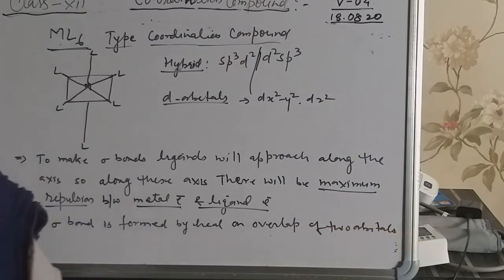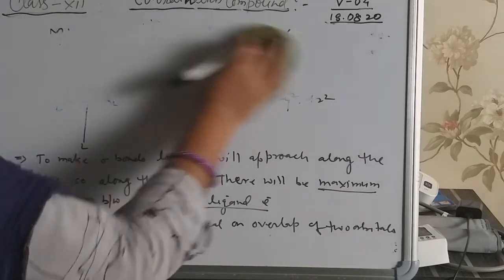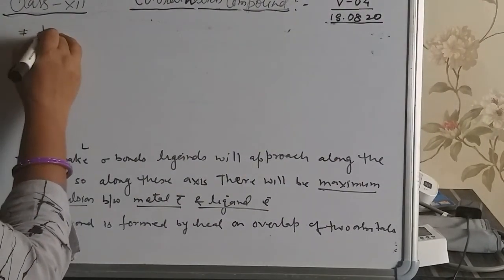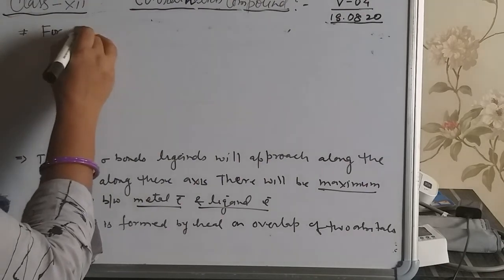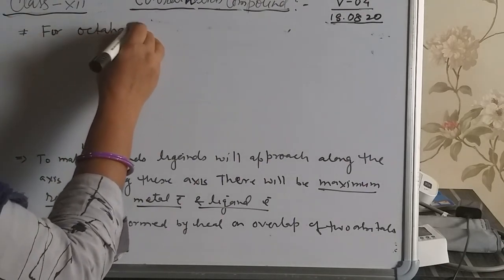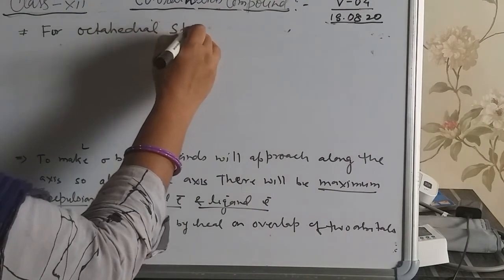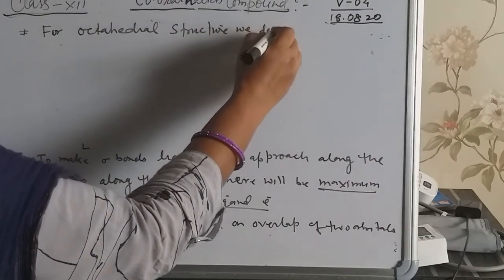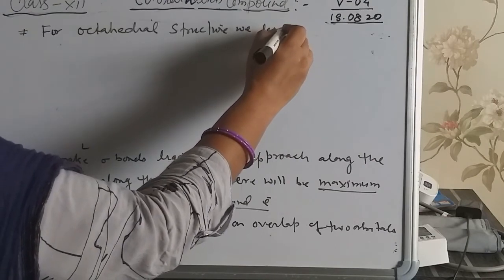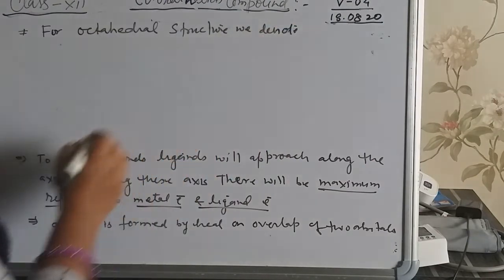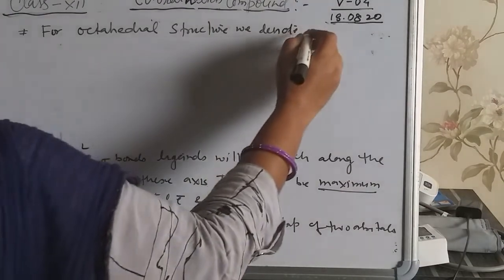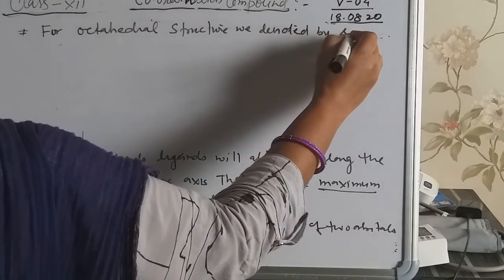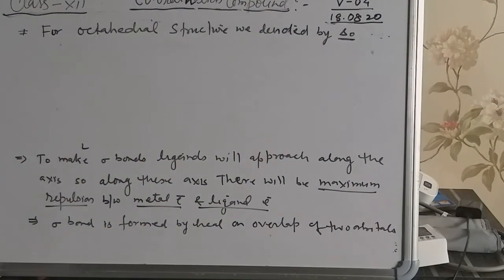For octahedral structure, we denote it by delta naught.